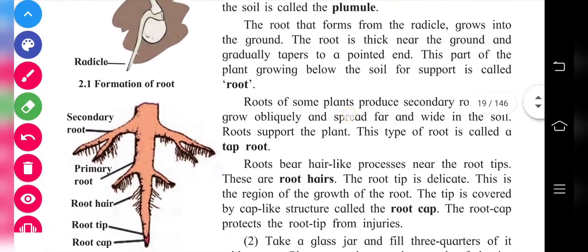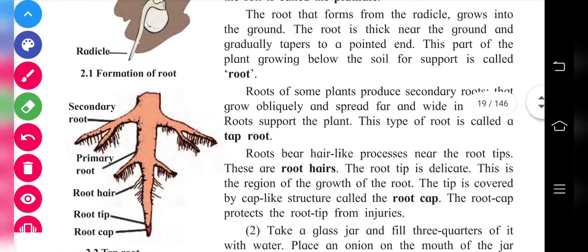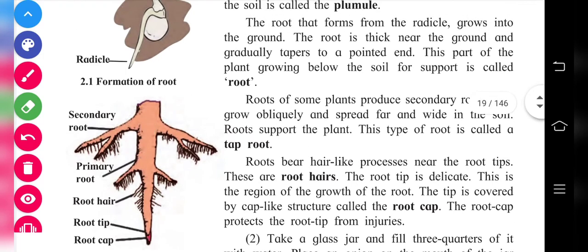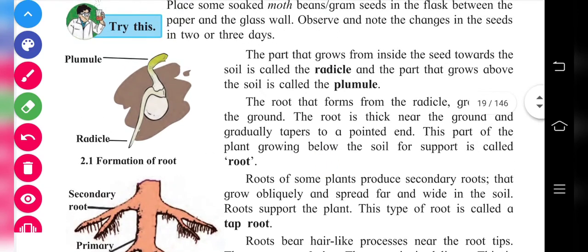After that we study the secondary root, primary root here, tip, root cap. This is the primary big root to support the plant. Before that you study the plumule and the radicle. So what is the radicle? Radicle is the part that grows from inside the seed toward the soil.